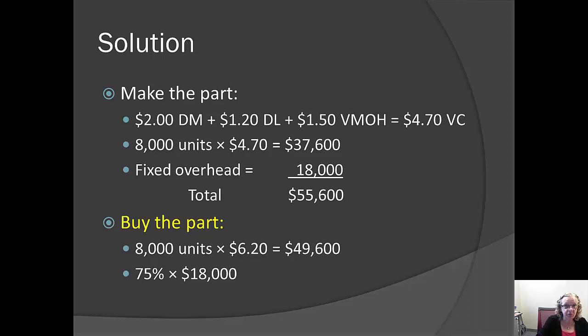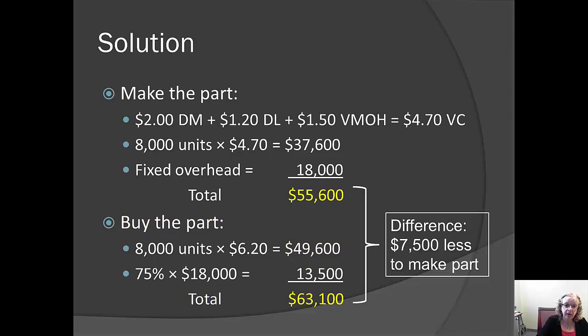That means 75% is not avoidable. Add that together, the total cost is $63,100. So net, the difference is $7,500 less to make the part rather than to buy the part.